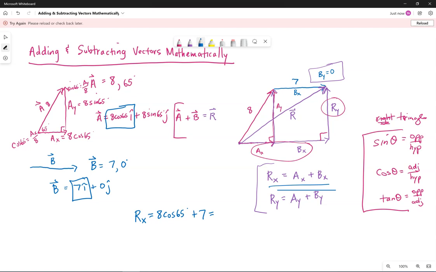I'm going to go ahead and plug that into my calculator. So 10.4. I'm not going to worry about rounding quite yet. The y components we will find by adding the y component of A, the y component of B, which in this case is 0. So 8 times the sine of 65 is the y component of that resulting vector.